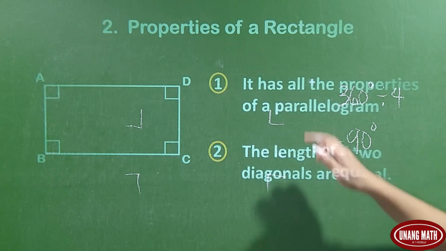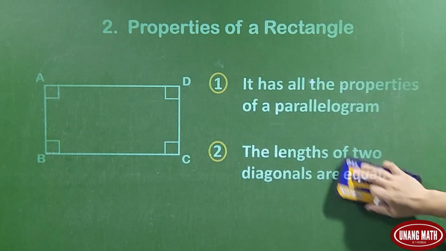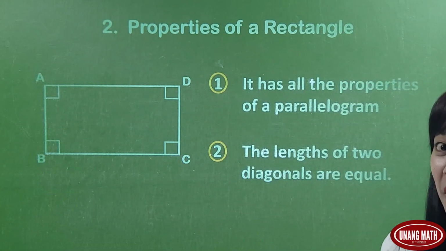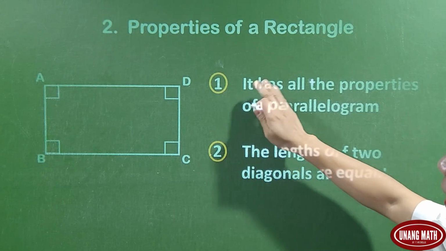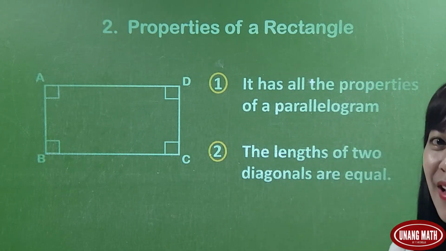Now, what are the properties of a rectangle that you have to understand and remember? This figure is a rectangle. According to the first property, it has all the properties of a parallelogram.